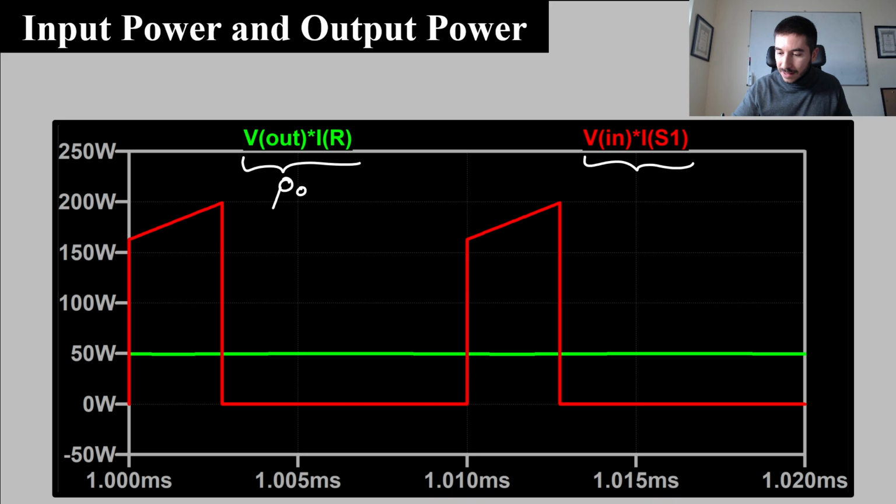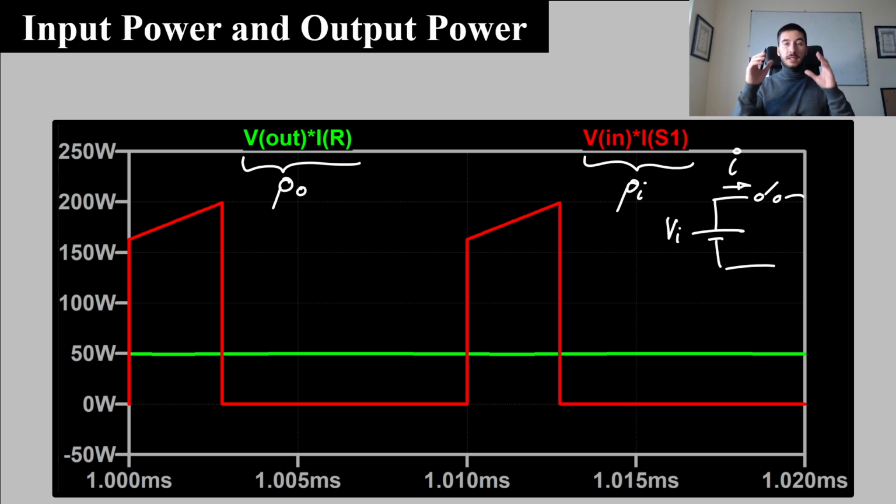And here we have the instantaneous input power, input voltage times this current, input voltage times input current, or the current through the switch. As you can see, it's not constant because in the second state of the buck converter, the current through the switch is 0. So we have this waveform: some power and then 0. Some power and then 0. It's not constant. So this is instantaneous power.